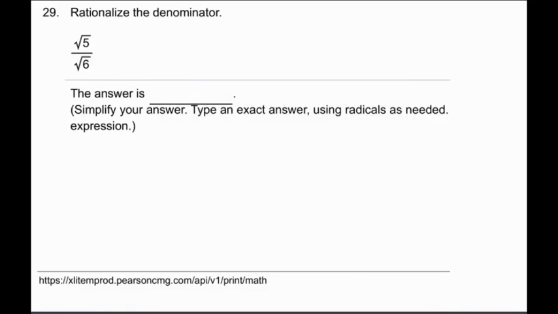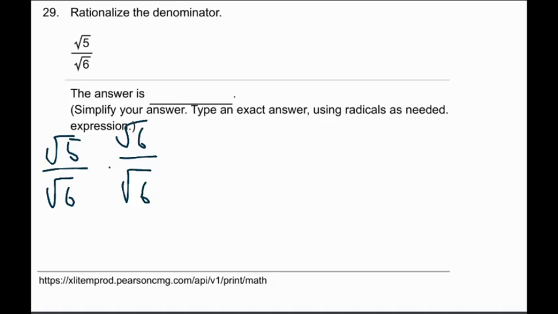So this question is simply asking us to rationalize the denominator. Remember, based upon the rules of simplifying radicals, we can't have a radical in the denominator. So what we do to rationalize the denominator is multiply by a form of 1, which means multiplying the numerator and the denominator by whatever radical is in the denominator.